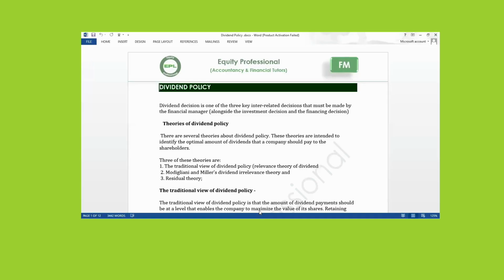If you have raised finance, you now finance a viable project. Assuming we have agreed on the finance for the project, we now finance the viable project. We now generate profit. The third responsibility of the finance manager is how to distribute the profit.